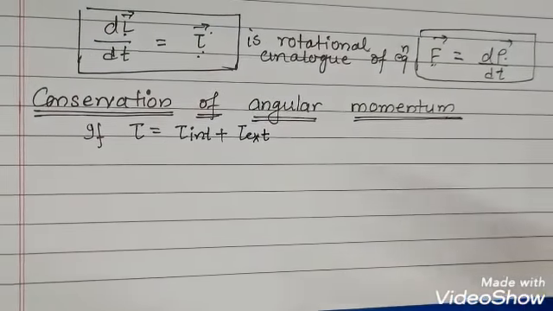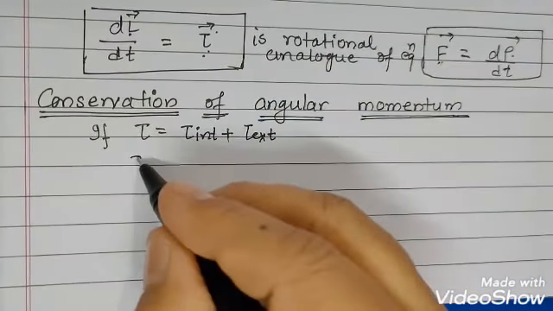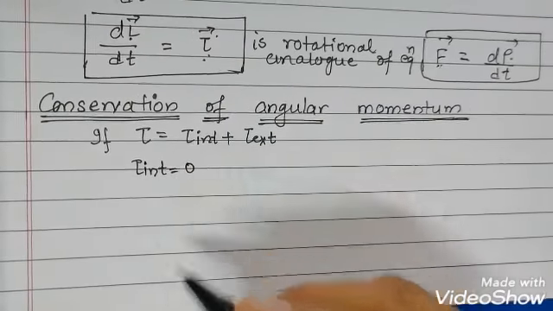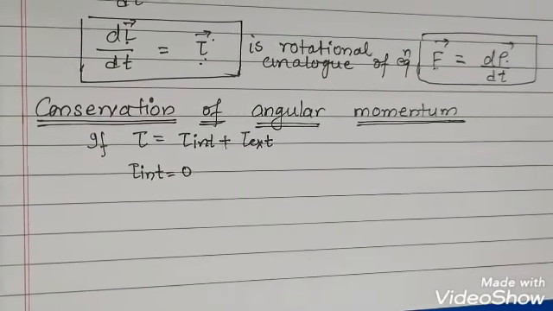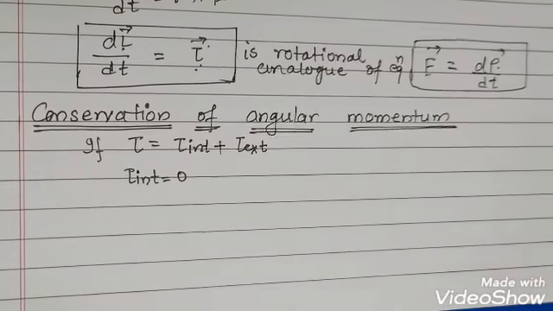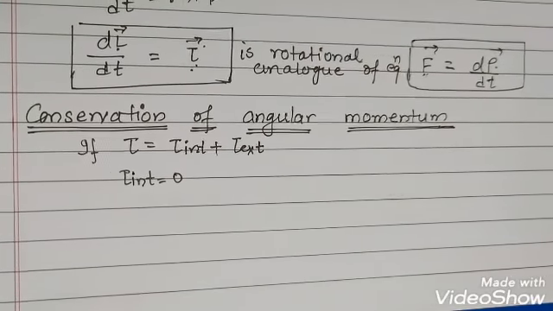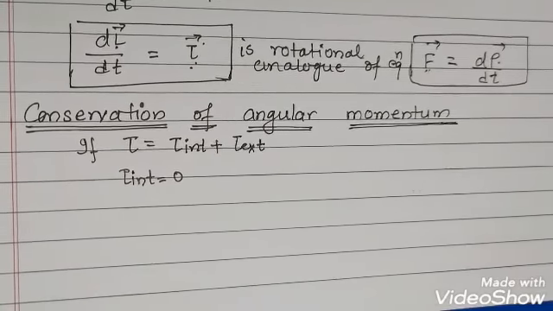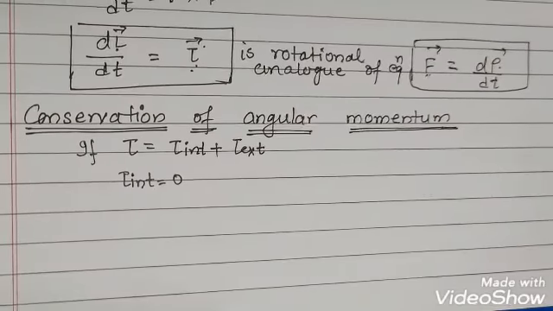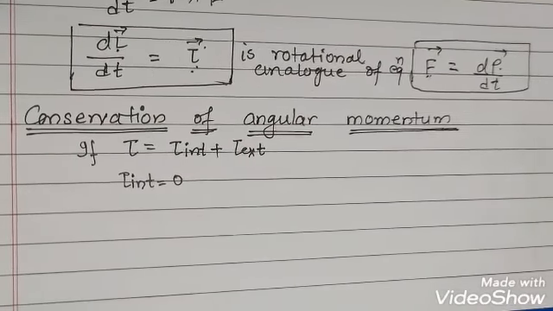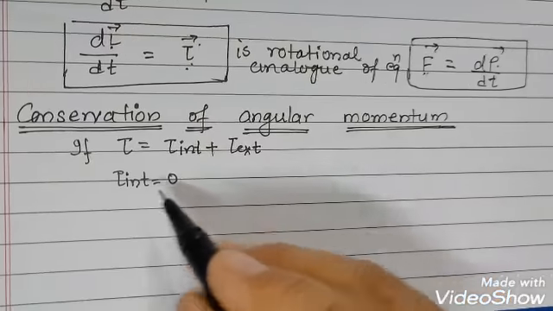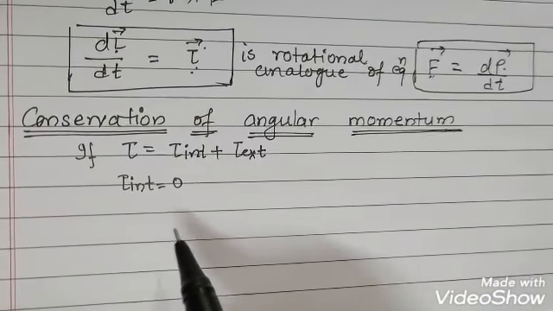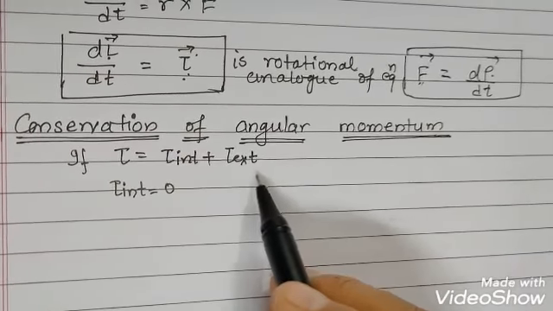We know that tau internal would be 0 just by Newton's third law of motion, as every particle applies a force on another particle with the same magnitude. So all the internal forces would be 0, and in a similar way all the internal torque would be 0. So overall, the torque applied on the system of particles is the external torque.